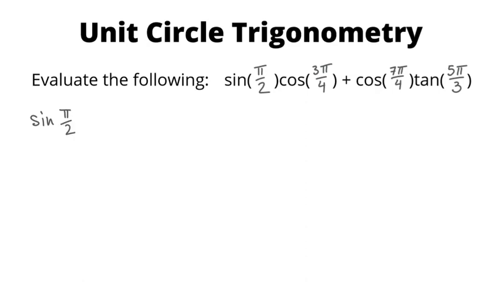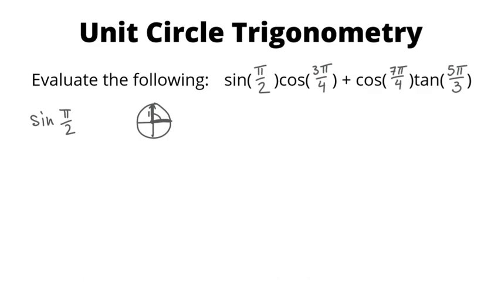Let's think about it. Pi over 2 is an angle right on the y-axis at the top. It's a 90-degree angle. And on this angle, the radius is 1, and the distance from 0 to the top of the circle will be 1, which means the opposite side is 1.